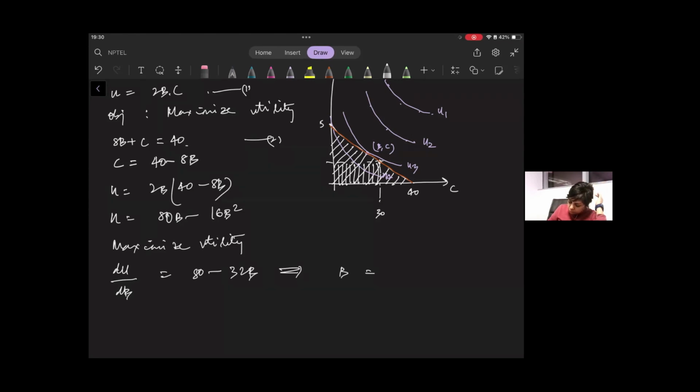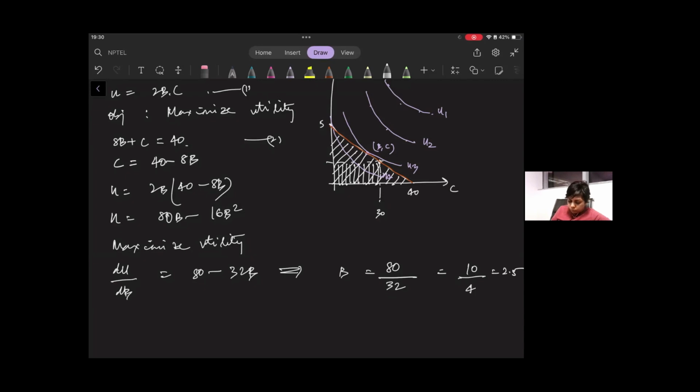which gives you b is equal to 80 by 32, whatever that value is, you can calculate that. So you get some value of b from this condition, and you plug that back into the budget equation, you will get the value of c. This is how you generally go about it. This is what, 2.5.